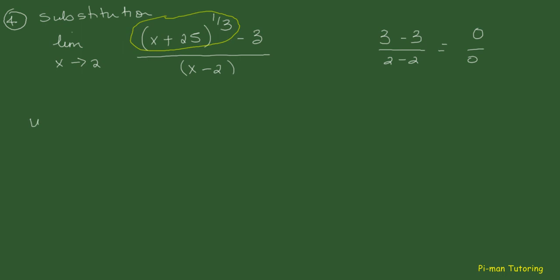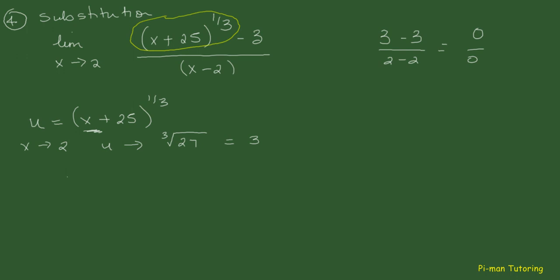We say let u be equal to that thing, x plus 25 to the power of 1/3. And now what happens as x tends to 2, u will tend towards the cube root of 27, just putting a value of 2 in here. And so we can say that as x tends to 2, we're talking about u tending towards 3.